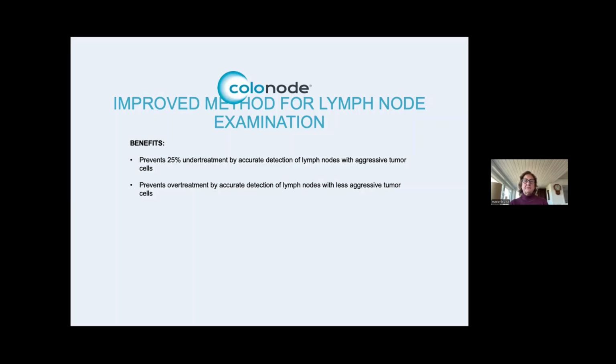The benefits of ColoNode are that it prevents 25% of undertreatment by accurate detection of lymph nodes with aggressive tumor cells, and it prevents overtreatment by accurate detection of lymph nodes with less aggressive tumor cells.